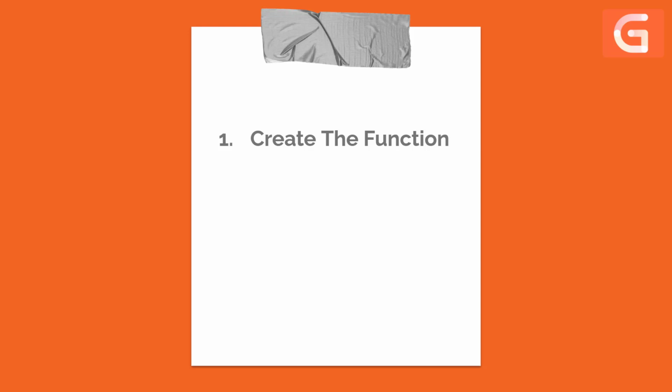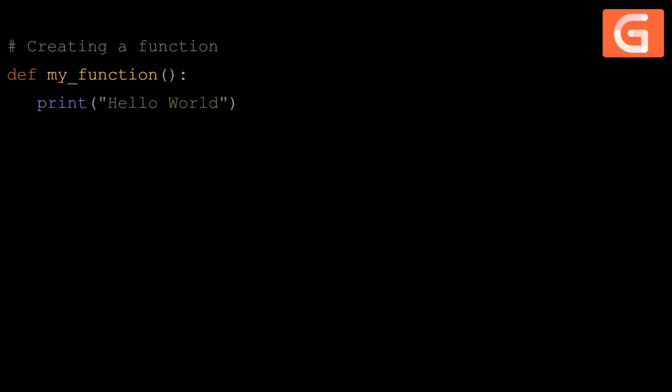The first thing is you need to create a function. The second thing is once you create a function, you need to call it, because if you don't call your function, then it doesn't execute. Your function is only executed when you call the function, and I'll show you how you can create a function in Python and how you can also call your function in Python.